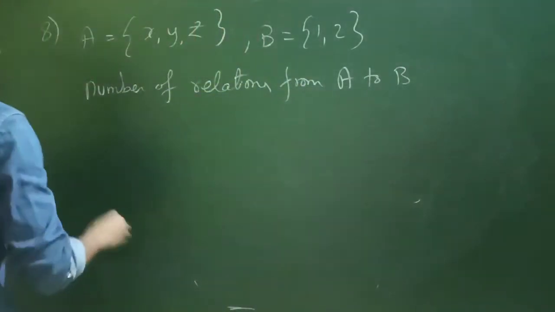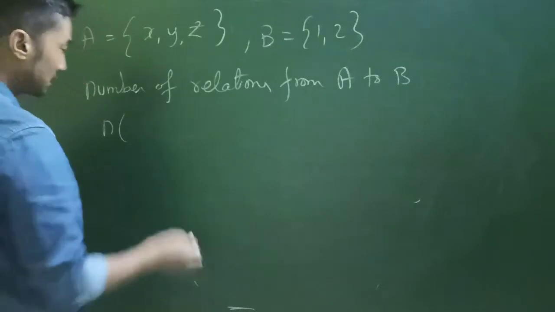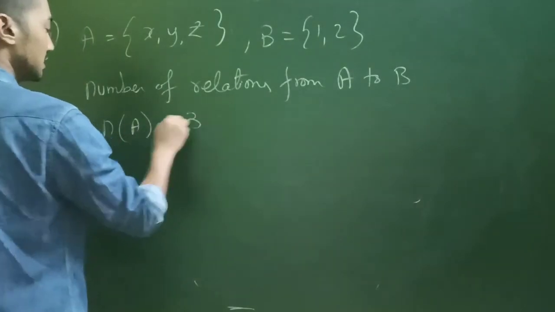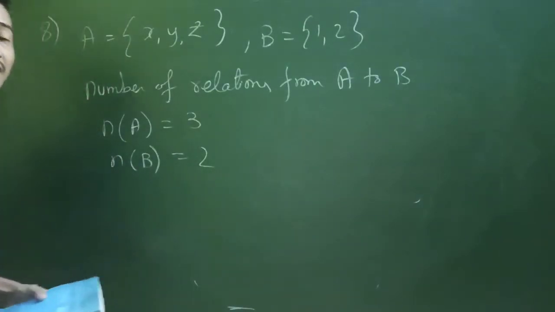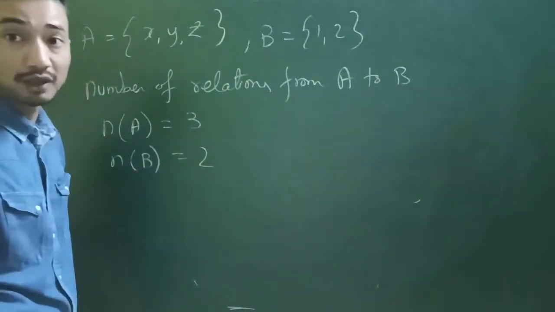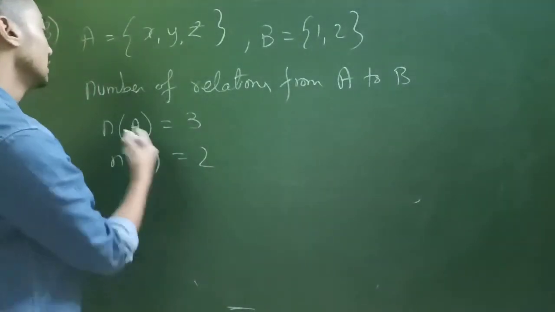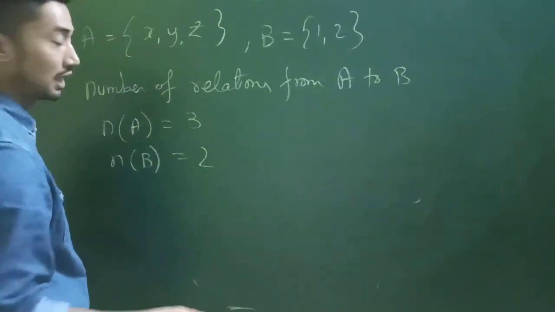Fine. How do we do that? By getting the number of subsets. How do we get the number of subsets? From the number of elements in the set. This we already did. The number of relations from A to B depends on the number of subsets of A cross B, the Cartesian product.